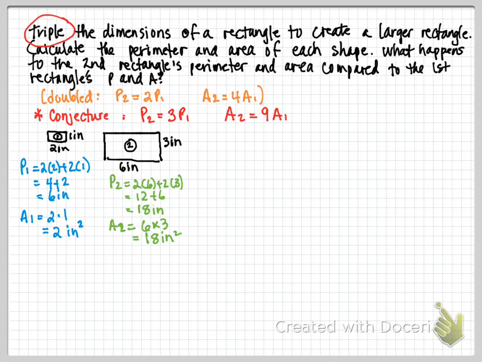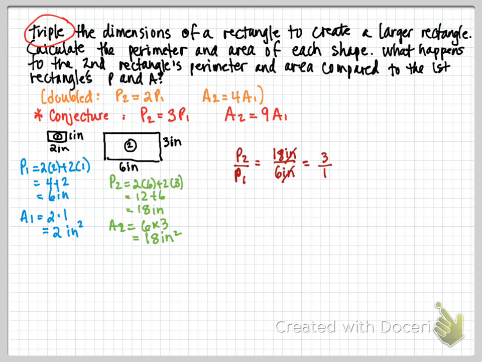All right, let's double check and see what's going on here. Let's start with the perimeter. We take the big perimeter compared to the smaller perimeter, so that's 18 inches to 6 inches. The inches go away. 6 goes into itself once and into 18 3 times. Aha! Didn't we say that was going to happen?